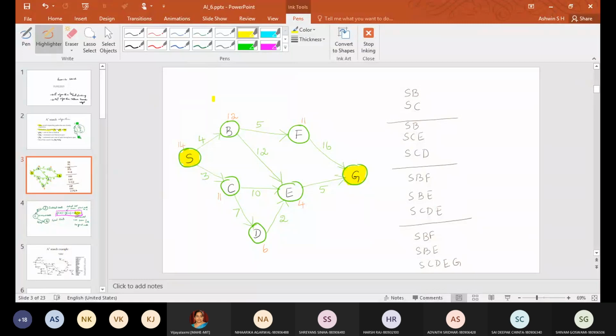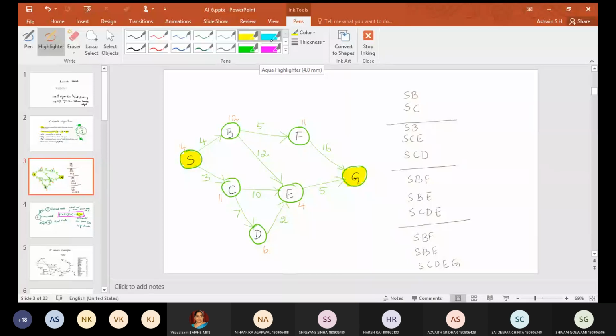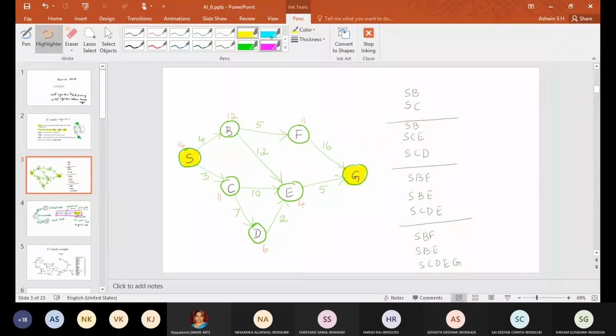Here I have written some values, that is g of n and h of n. You can see them here. This is 14, here it is 12, this is 11, this is 4, this is 6, and this is 11. These are the heuristic values given, h of n.